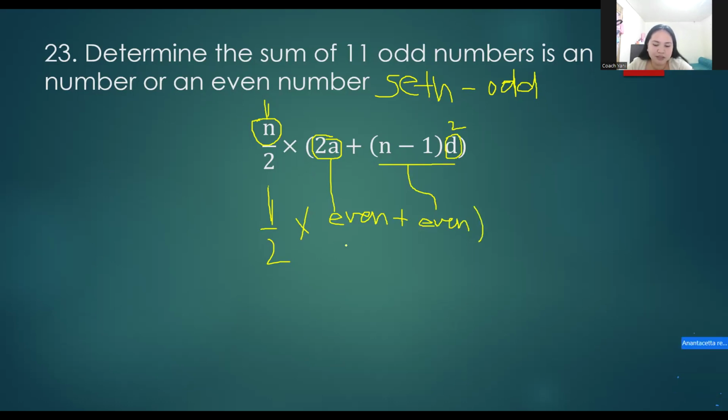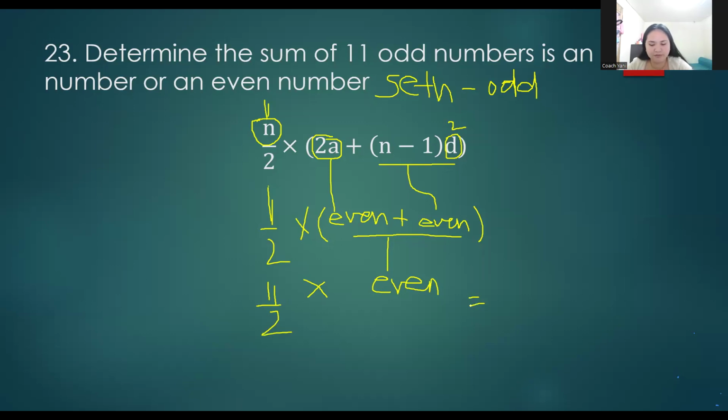If you have 2 plus 4, it's still even. And then any number that is multiplied by even becomes what? Even. Yeah.